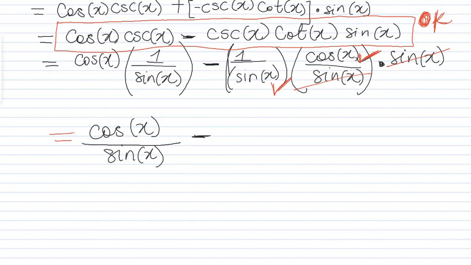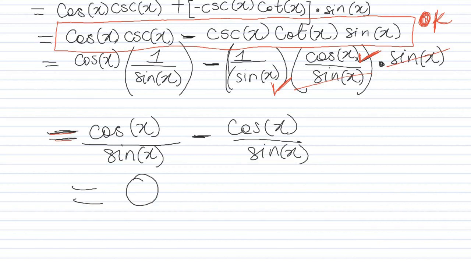So we have cosine x over sine x, and voila, what do we have? We have a 0. So our answer ends up being 0. So this one is okay and correct.